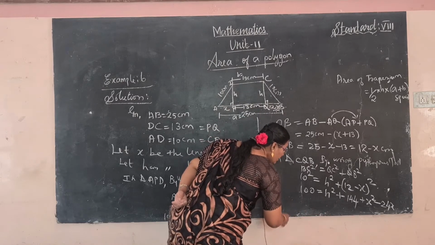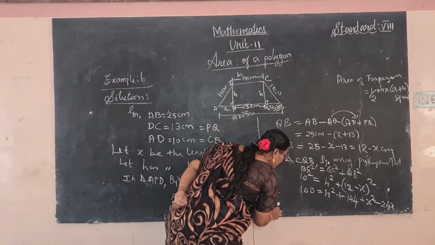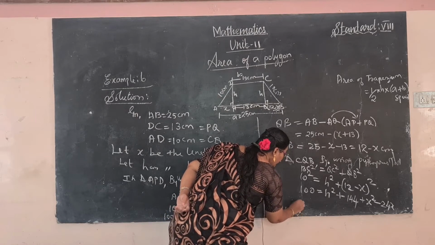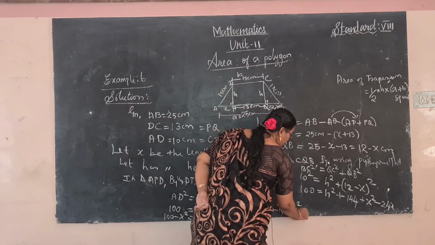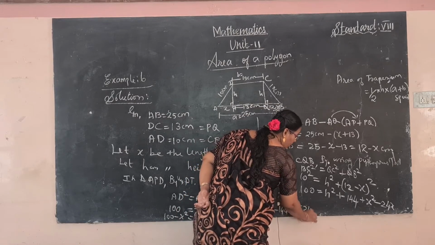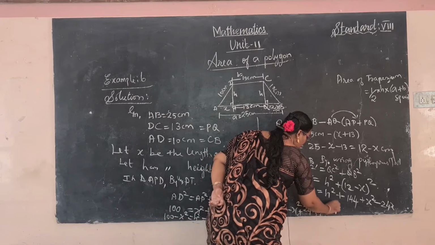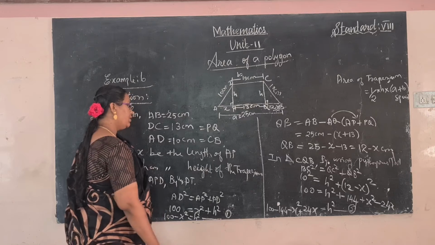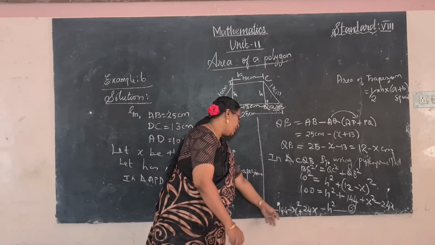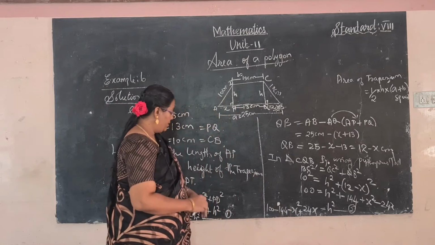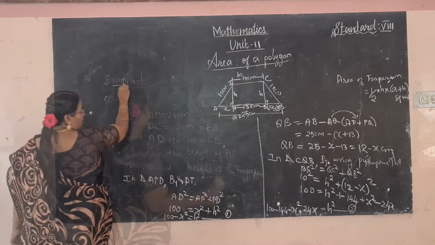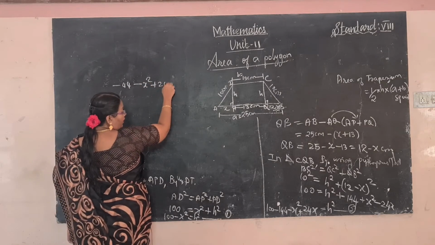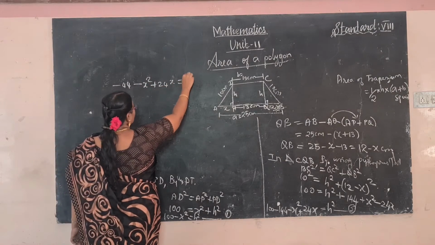What we get? 100 minus 144 minus x squared plus 24x is equal to h square. It is denoted equation number 2. Subtract, we get minus 44 minus x squared plus 24x equal to h squared.